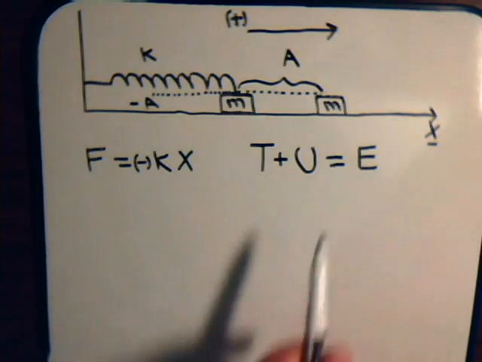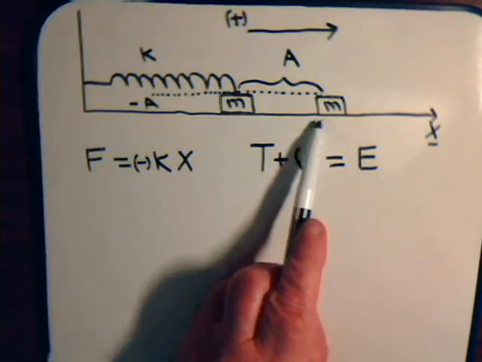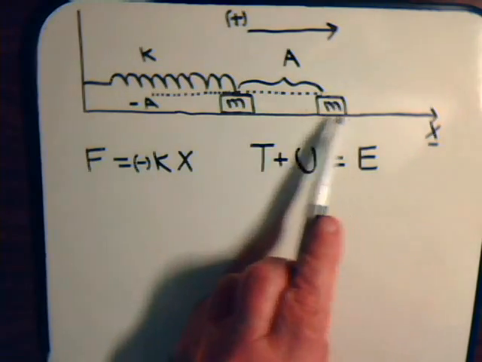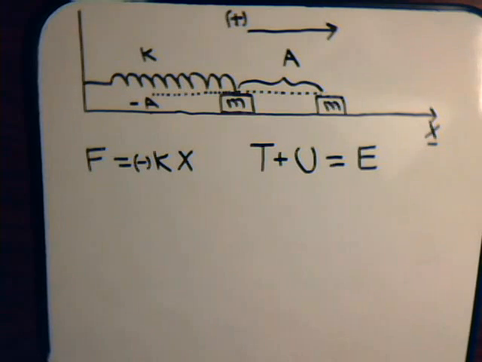Imagine this is a frictionless plane, so the mass is just going to move back and forth between minus A and plus A. This is an x-axis, and positive x is to the right.